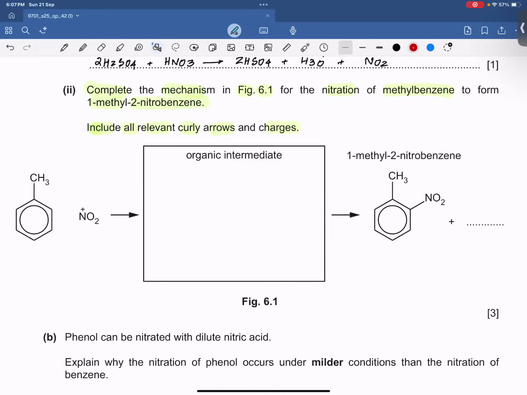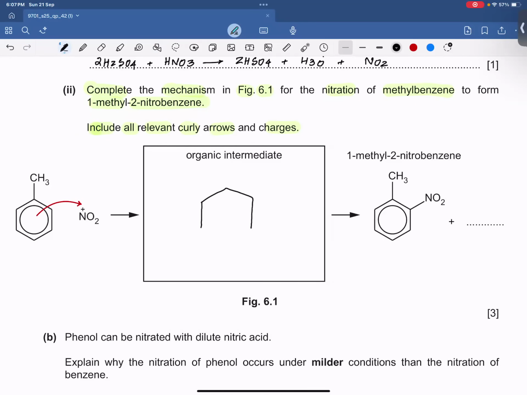Because in resonance, there must be a charge oscillation on certain carbon atoms, so you should have an idea on what carbon atoms the positive charge is oscillating. And as per that oscillation, you need to write the organic intermediate here. So this pi bond interacts with nitronium ion. This arrow will give you 1 mark in the paper.